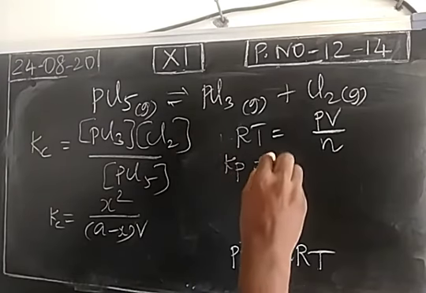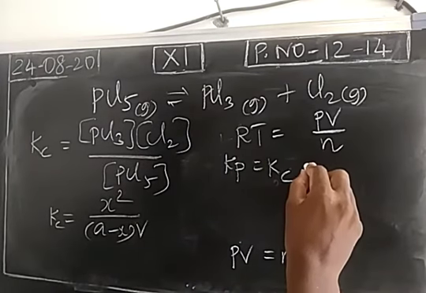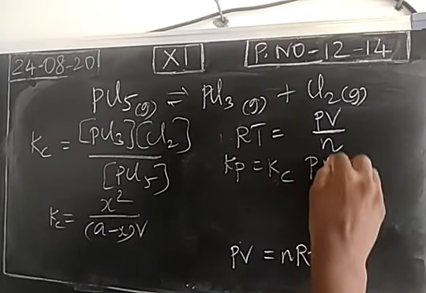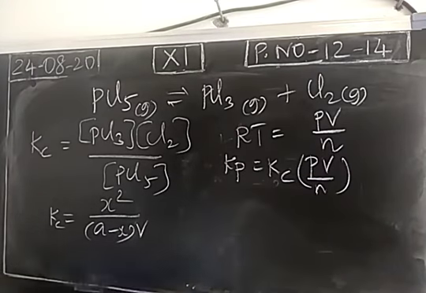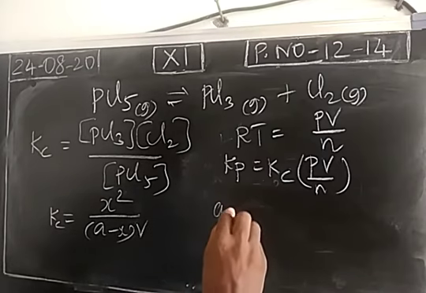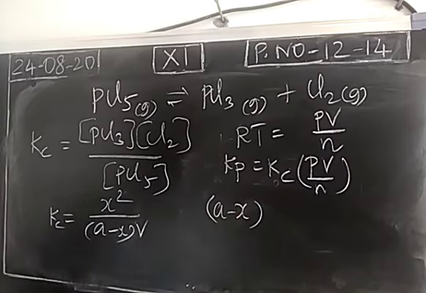So Kp is equal to Kc, and instead of RT, we write PV by n. n is the total number of moles in the equilibrium mixture. How much total number of moles is present? We know that A minus X mole of PCl5 is present at equilibrium.